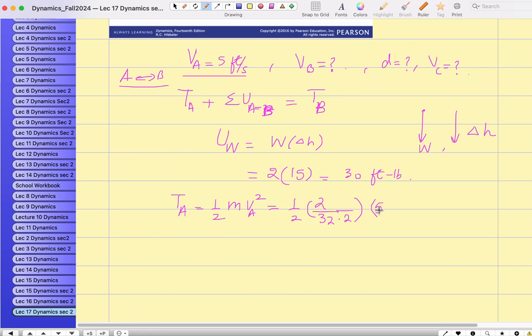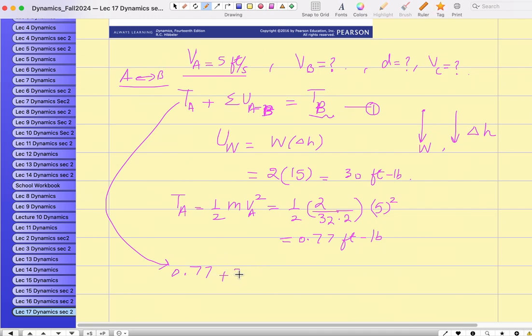V_A is given, which is 5 squared. So what do you get? It is 0.77 foot-pound. Let's complete this equation, equation 1, on the left-hand side 0.77.